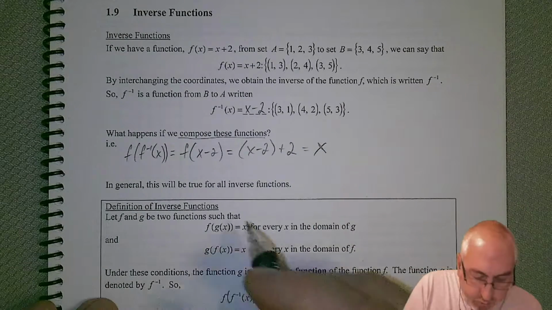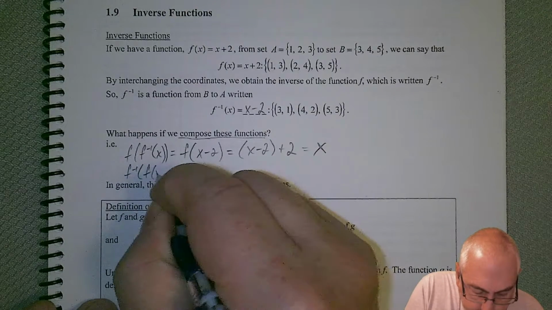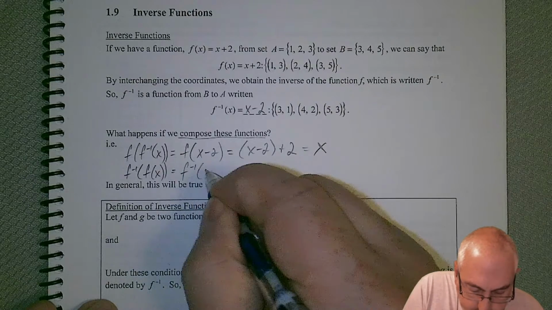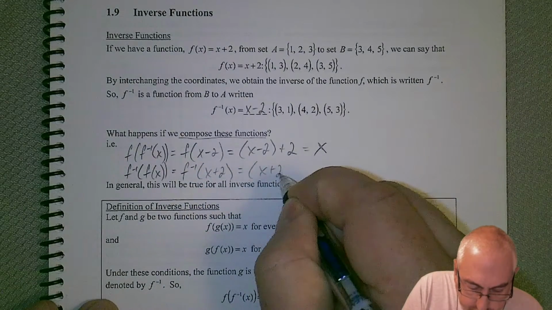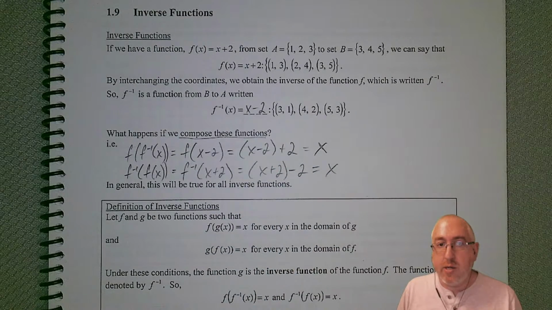All right, let's go the other direction just for the heck of it. You can probably already guess that it will behave very similarly, and we get x in that direction as well.